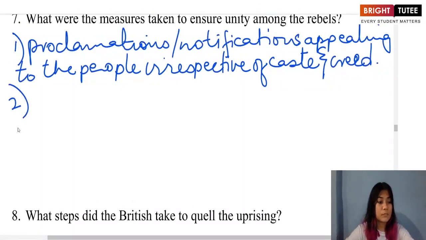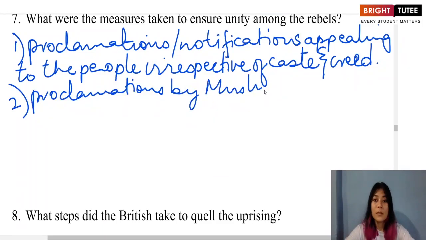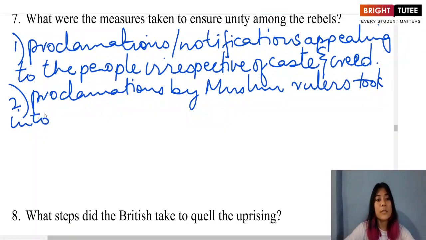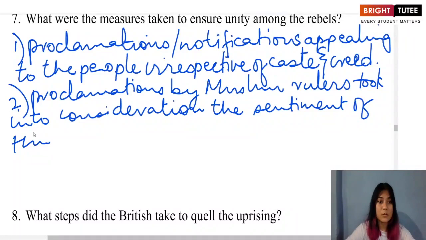Number two, proclamations by Muslim rulers took into consideration the sentiments of Hindus.